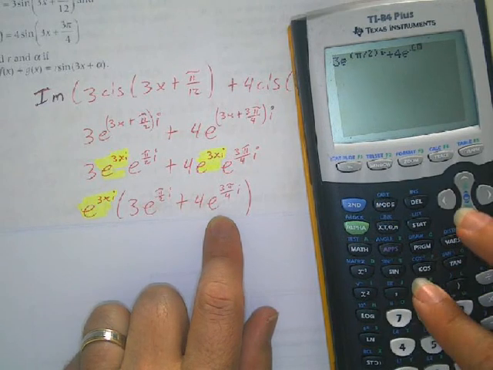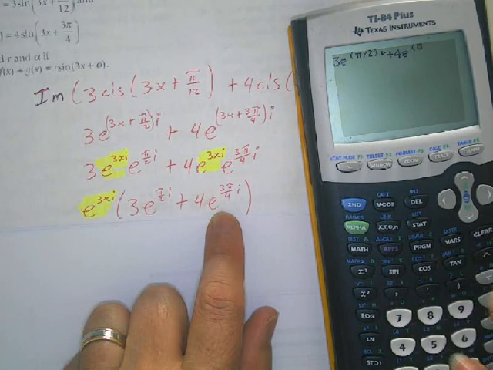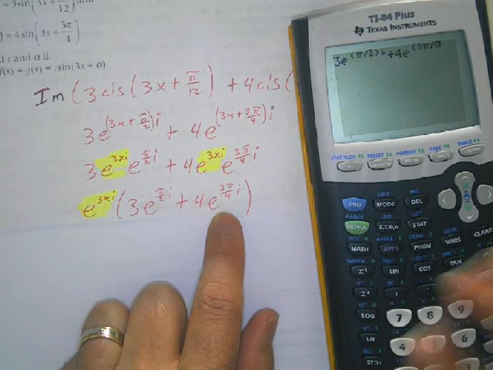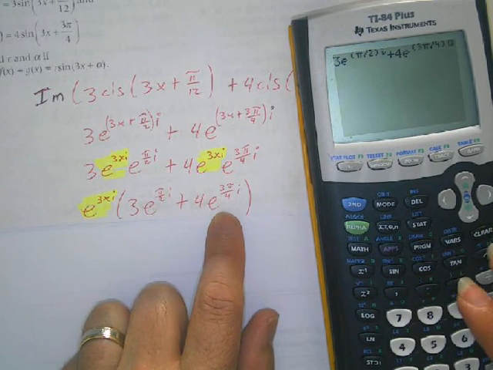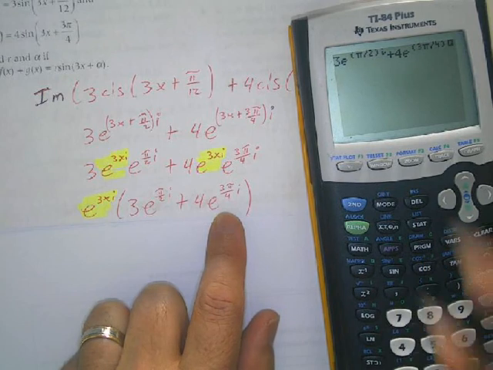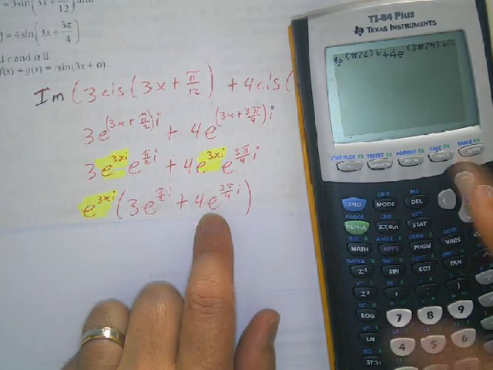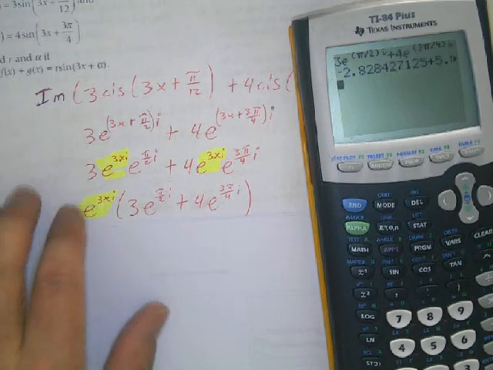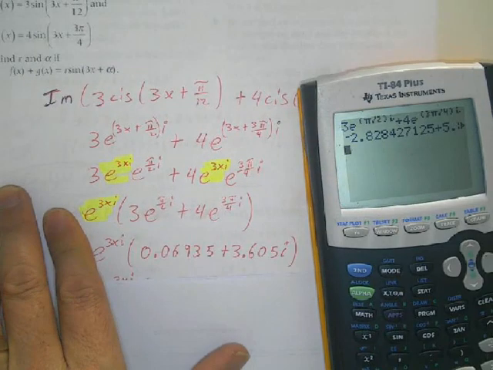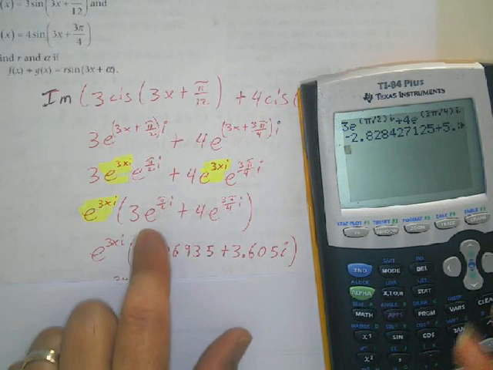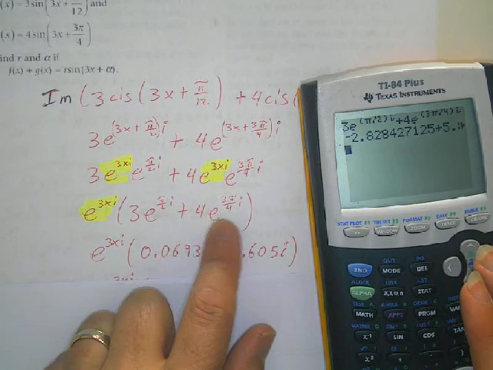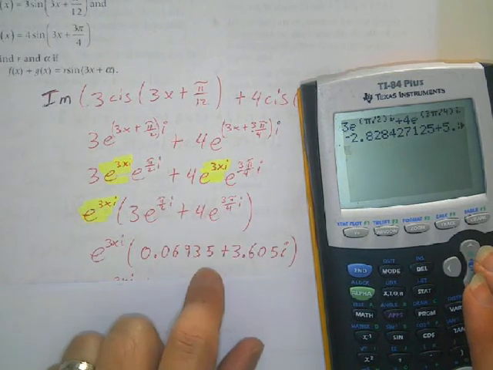Okay, to the power of 3 pi divided by 4, close parentheses, i. Okay, looks like I got it right. I hit enter, and we get, oh, is that a different answer than mine? How can that be?